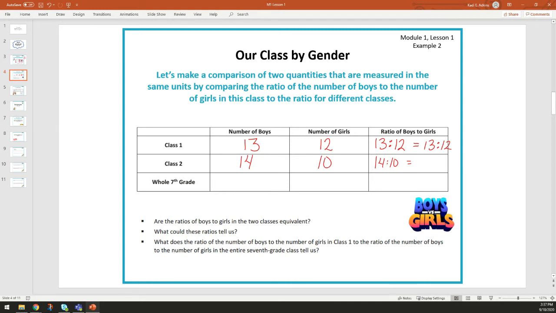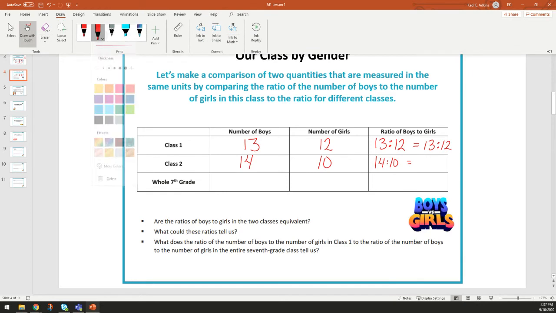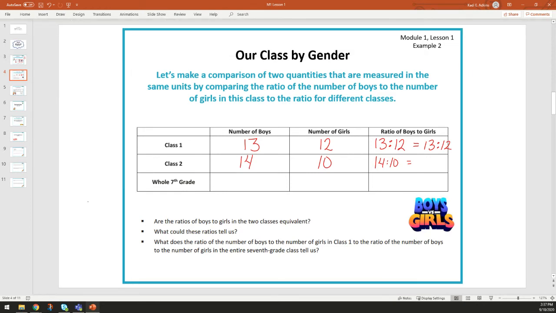I can reduce that ratio because 14 and 10 are both divisible by 2. So if I go to reduce that down to simplify that fraction, I end up with the ratio of 7 to 5. And then I cannot reduce that any further. There is no other number for 7 and 5 that are prime numbers. So I have 7 to 5 as that ratio.